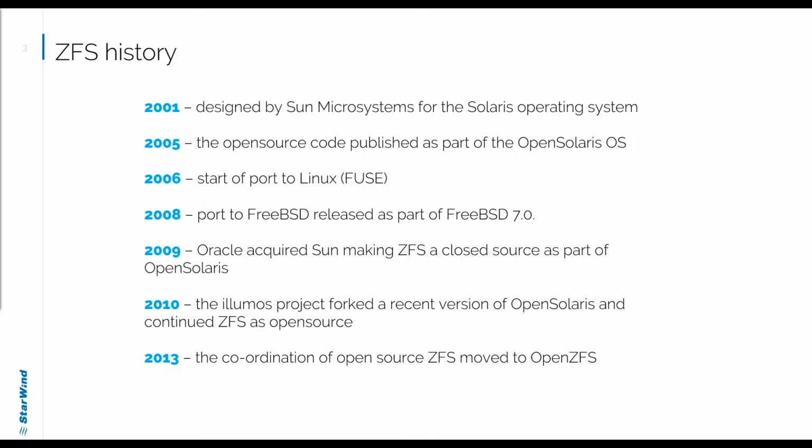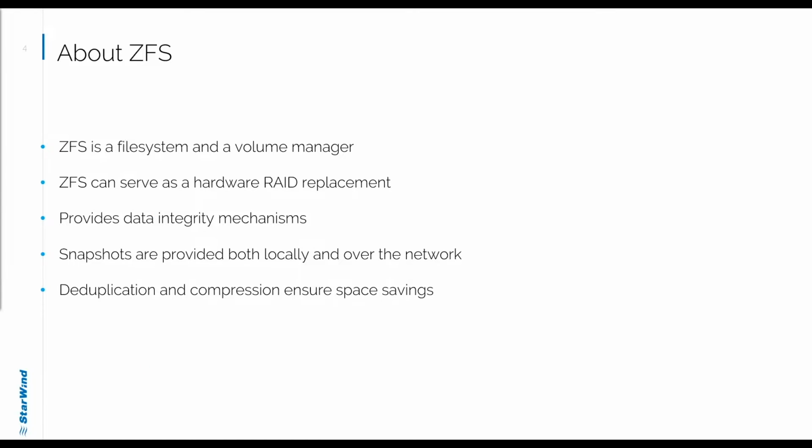Now let's take the first overview of what ZFS has to show us. So Zettabyte File System, or simply ZFS, is a 128-bit file system, which is significantly much more than common 64-bit file systems. It allows for storing data with theoretical maximum of 256 quadrillion zettabytes.